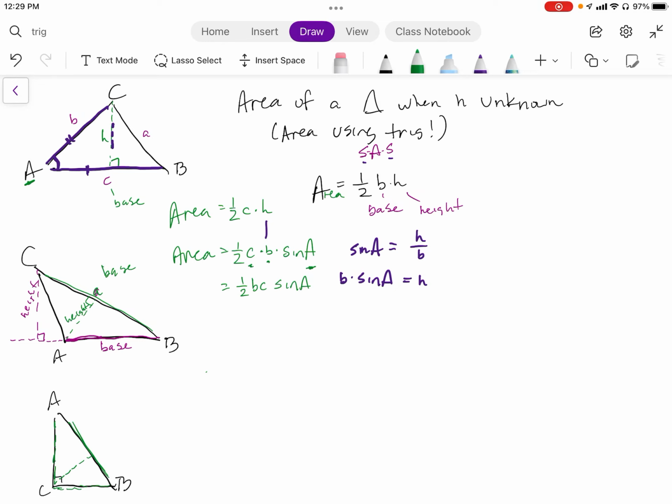Well, what if you knew instead the other side? Let me just redraw that because it's getting crowded. A, C, c, B, b. Again, draw that height. But what if you knew B instead?